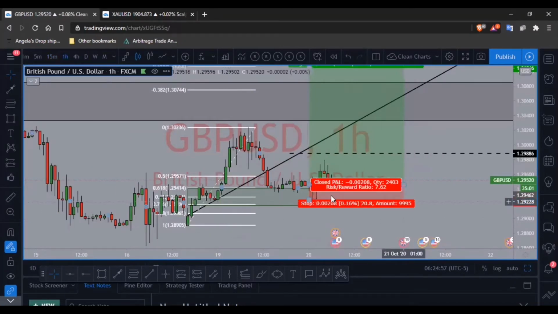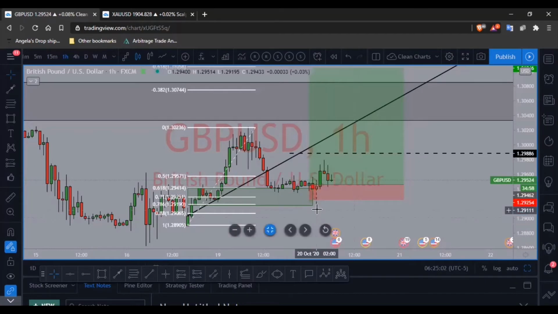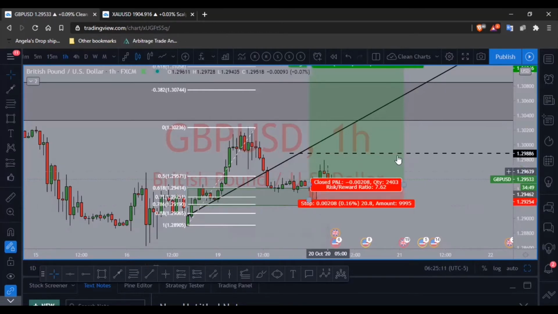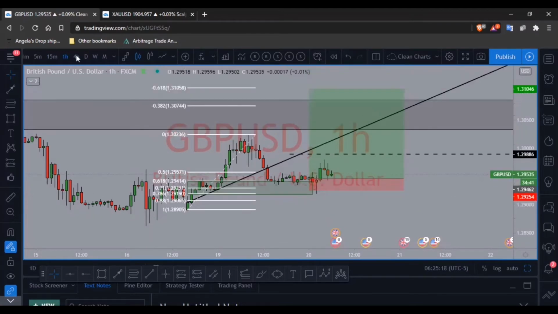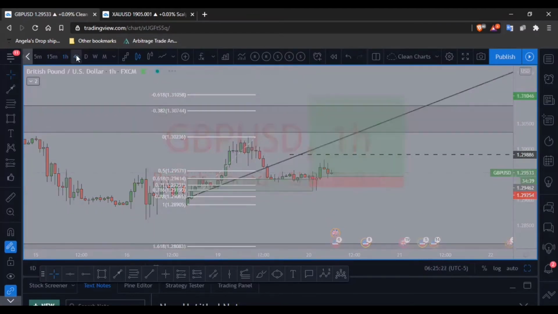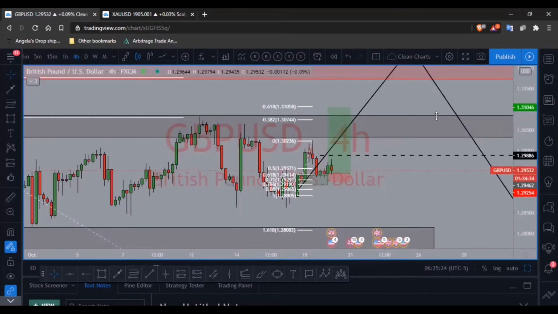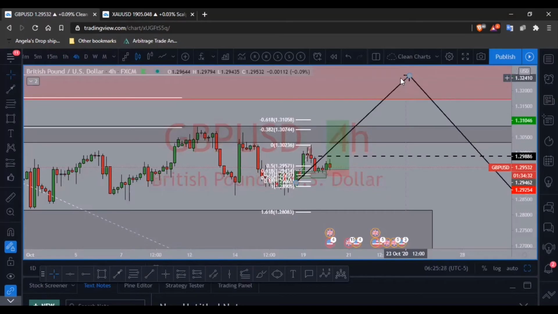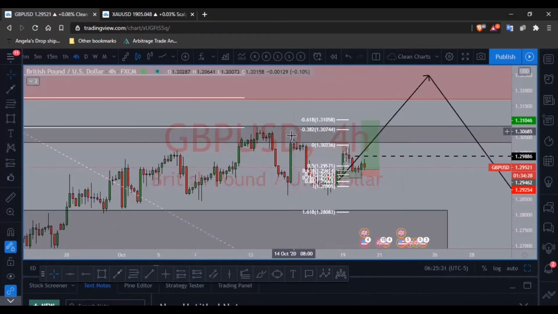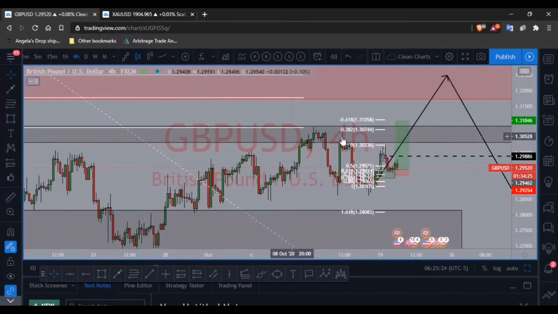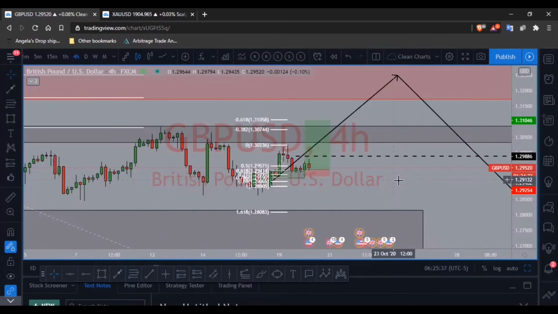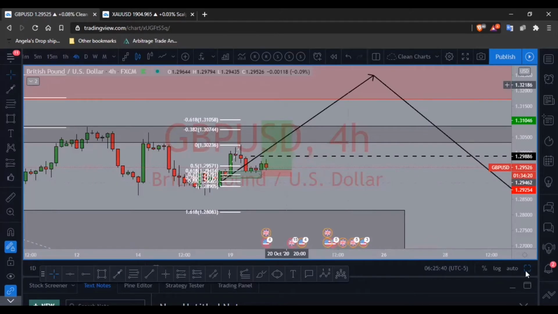I can't put enough emphasis on how much this looks like a stop hunt to me, especially since it came down to the 78.6, rejected off it exactly, went to the upside, retested, and came back to my entry. I still have this bullish move to the upside long term to come and hit my sell area up here. Nothing's really told me that price wants to continue going to the downside as of yet, and things are pointing to the upside to me. So we'll see how that happens with GU.